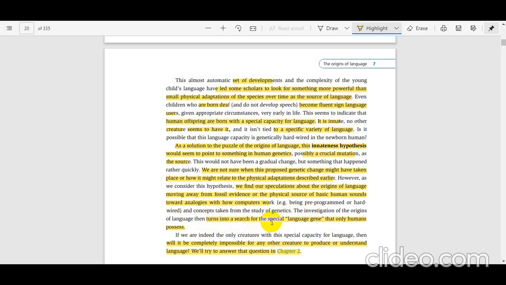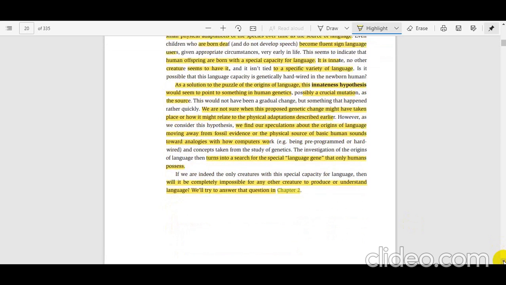Now, this is about a gene, اللغوي, that only humans possess. Other species, except the humans, do not have the ability to use or to activate the language gene that enables the human language to develop more and more.